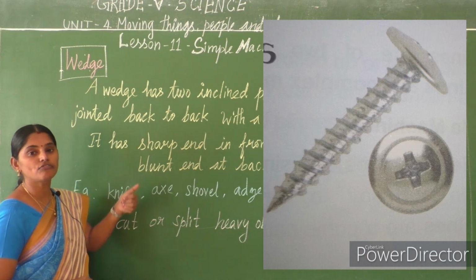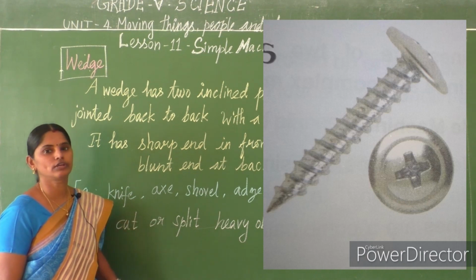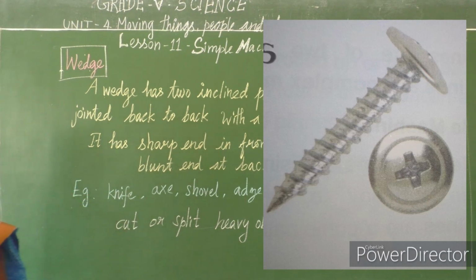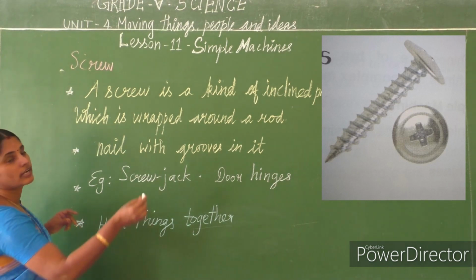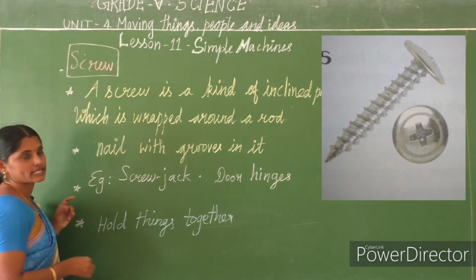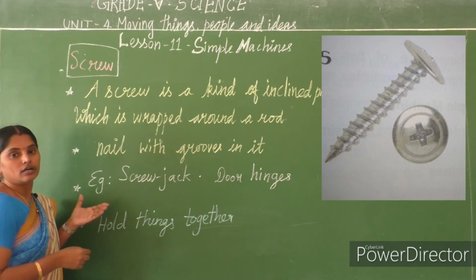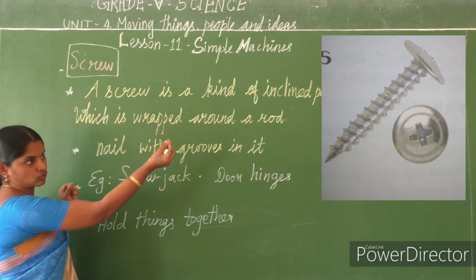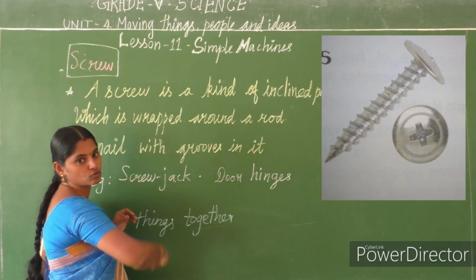Now we'll go for screw. 5th type, screw. See children, screw, S-C-R-E-W, screw. You know what is screw, isn't it? See, this is what we call as screw.